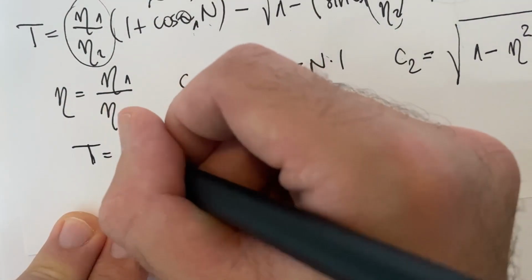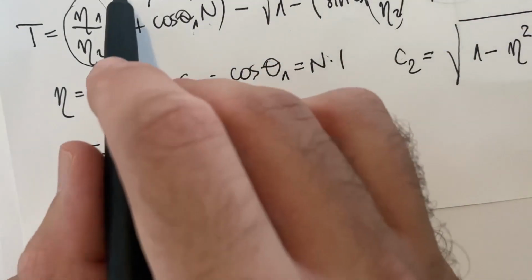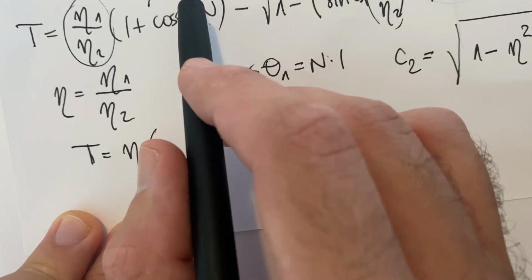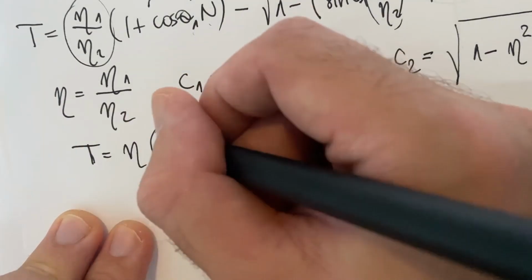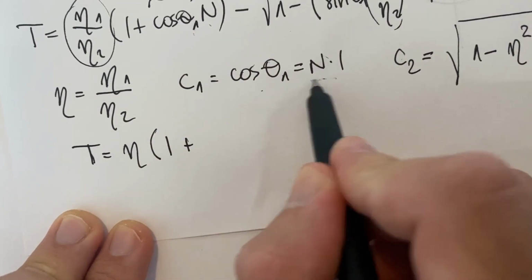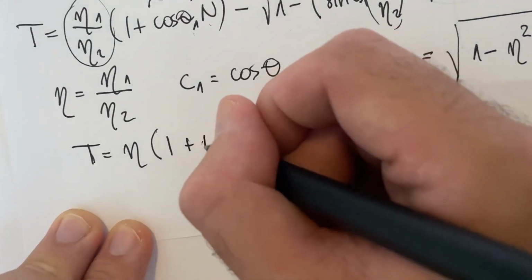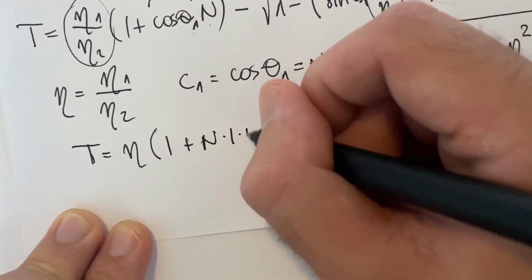t equals eta times, let me see if we replaced anything here. Yes, so we have I plus C1, where C1 is n times I, but for now let's do n times I times n.